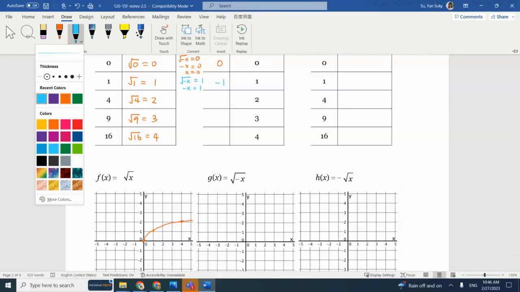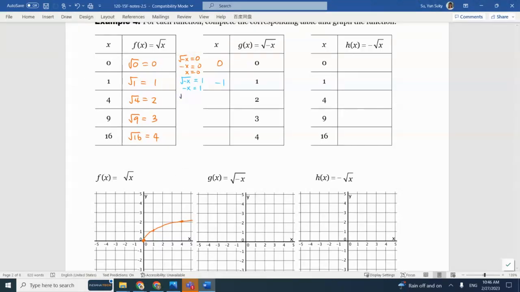Okay, Jackson. Square root of negative x, set the output. Output is 2. What do we do? Let's do it slowly. How do you get rid of the square roots? Square both sides, right?